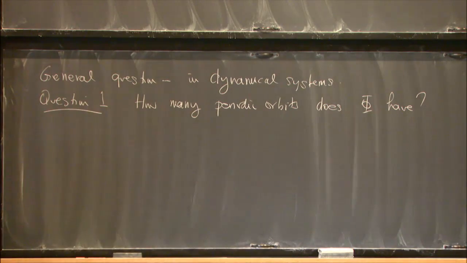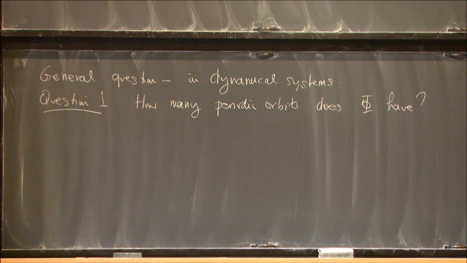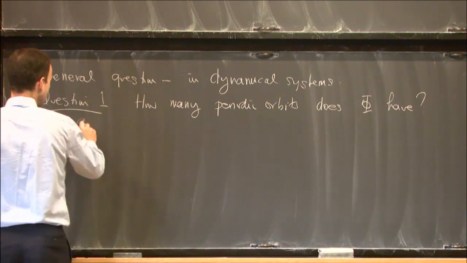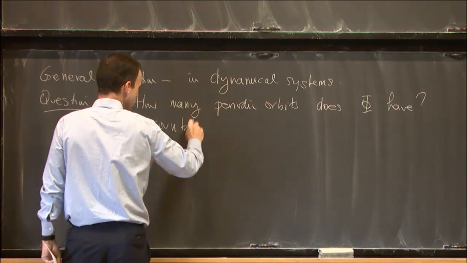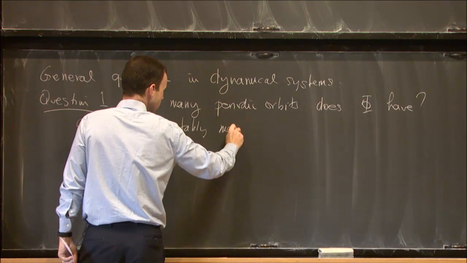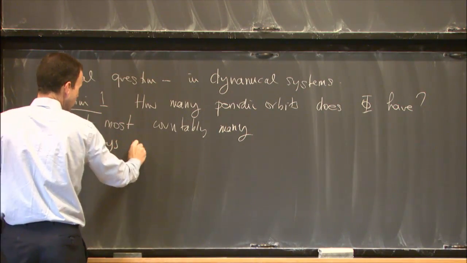And because of this hyperbolic behavior, where we have expansion and contraction, you cannot have too many. So you cannot have orbits which are very near each other all the time and are periodic. Okay? So there is at most countably many, but there are always infinitely many.